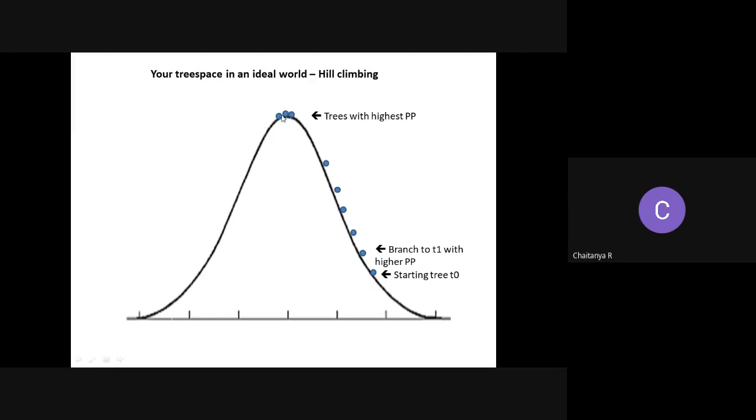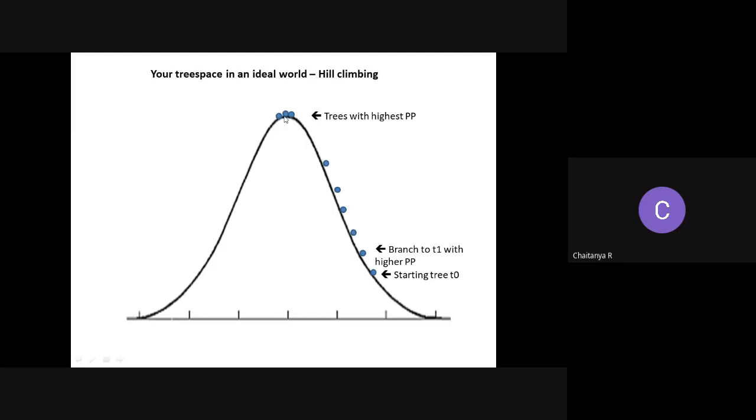And from this peak, do you think the chain can go anywhere else? So once this peak is reached, I don't think it would. It won't tend to go anywhere else because the ratio will not go beyond 1, correct. So anywhere from the peak, any direction you move in, your posterior probabilities are going to be lower, right?